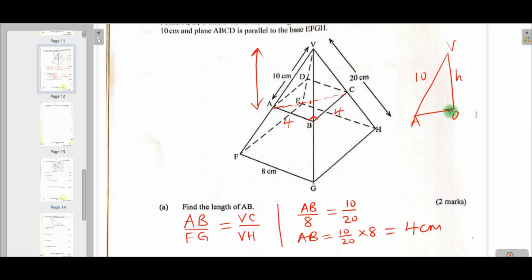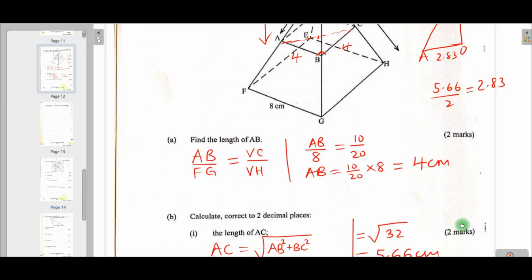So AO is a half of AC, and AC was 5.66, so half of it will be 2.83. Again, we use Pythagoras theorem to get the perpendicular height.